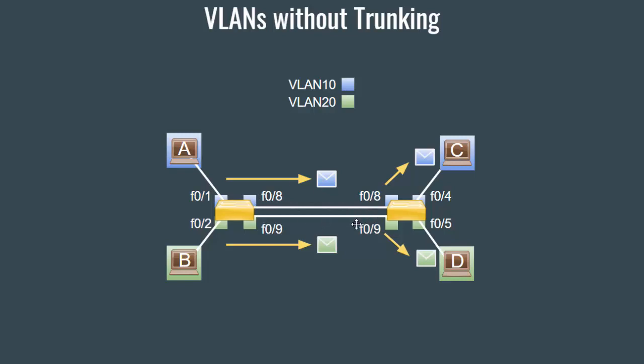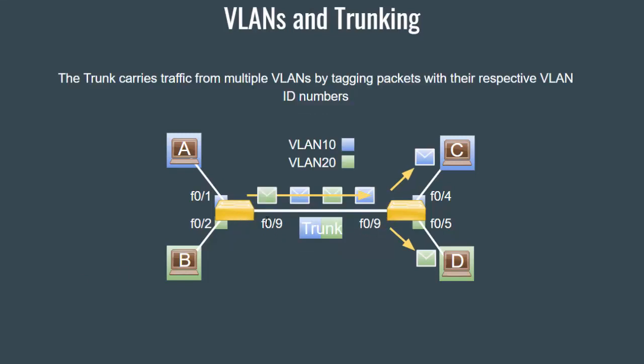However, this solution uses 4 switch ports and 2 cables and starts to waste switch ports to be able to communicate from one switch to another across the VLANs. That's why a trunk is preferable, because all traffic from all VLANs can travel across a trunk.